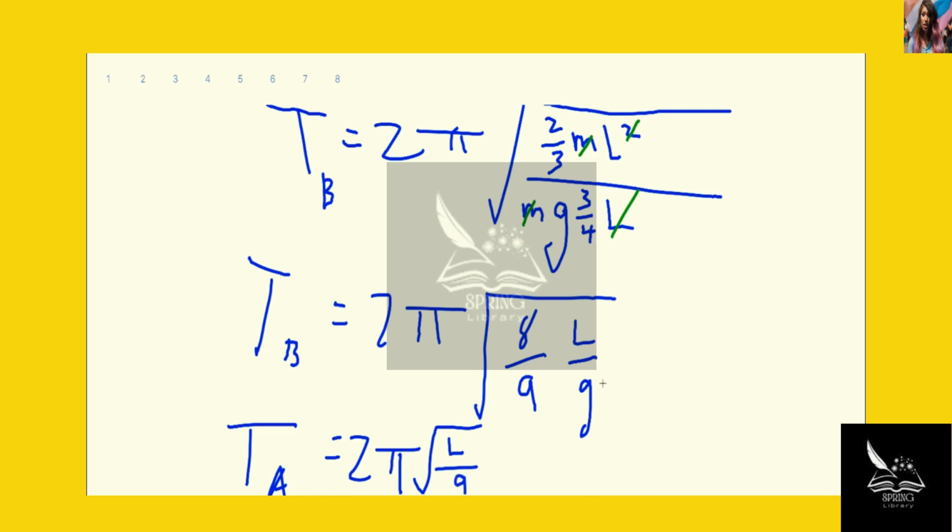Okay. So the 2 pi's are the same. The factor of root L over g is the same, but T_B is reduced by this factor of root 8/9. And so clearly the second system will have a shorter period and will be faster swinging. So A is going to have the longer period.